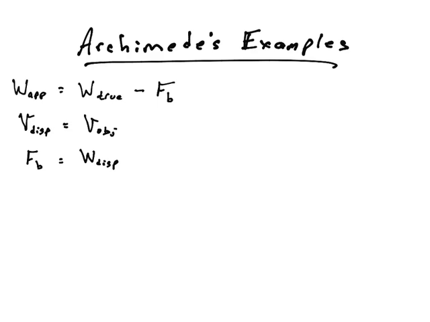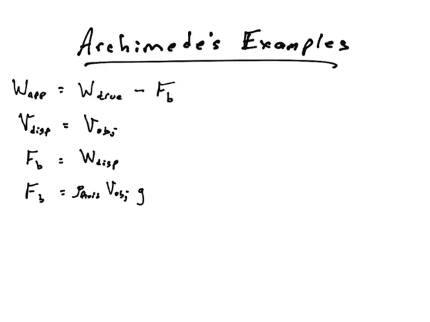And then putting this together with what we know about density, how to rewrite weight in terms of density, we get that the buoyant force acting on an object is equal to the density of the fluid times the volume of the object times g.